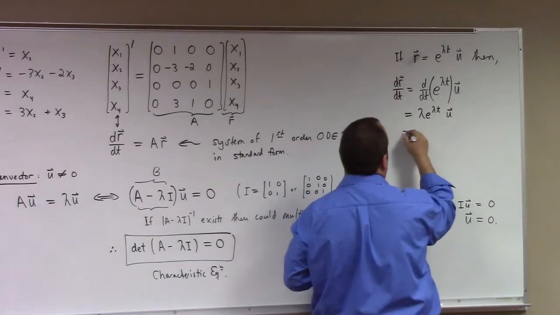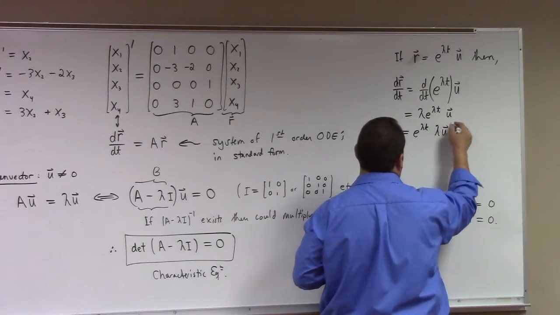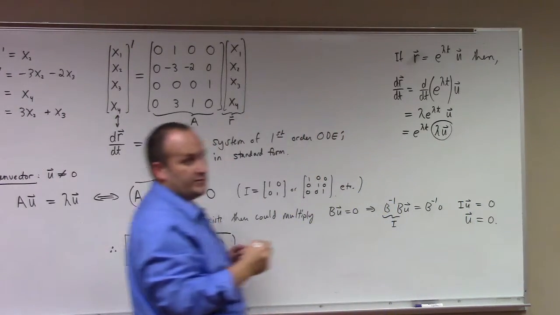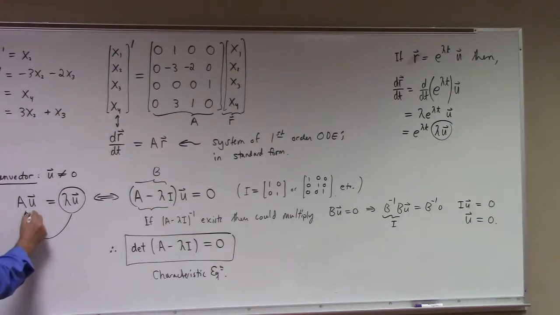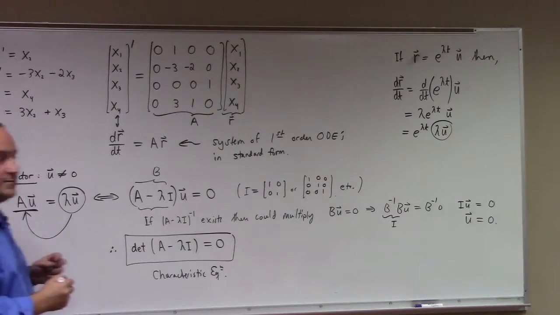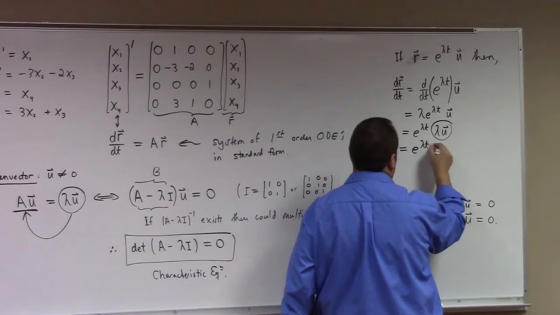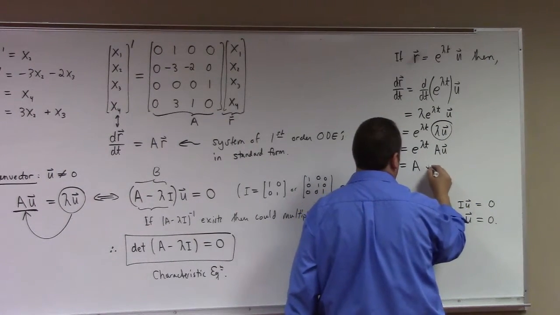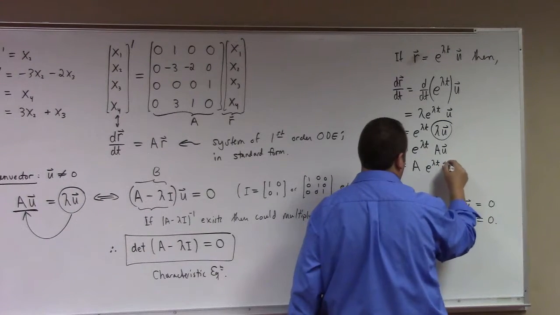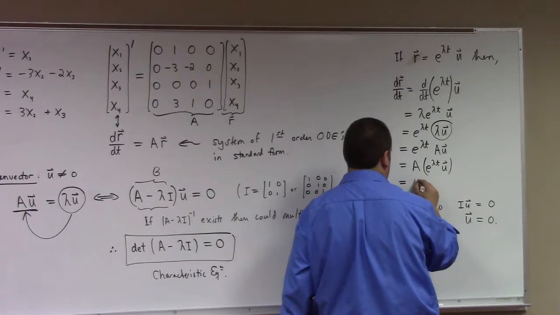So this gives me e to the lambda t times lambda U. But U is an eigenvector, right? So what do we know about lambda U? Lambda U is AU. So we've got e to the lambda t AU, which means we've got A times e to the lambda t times U, right? Which is A times R.